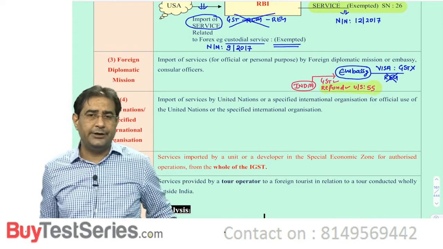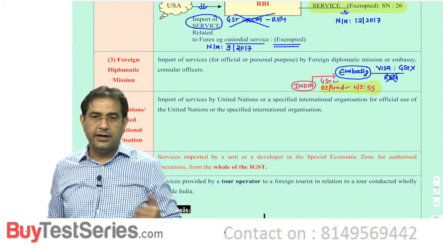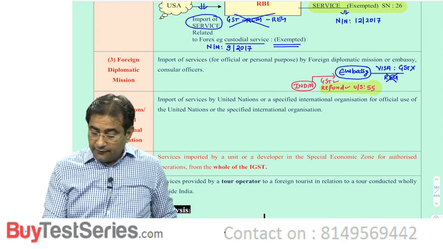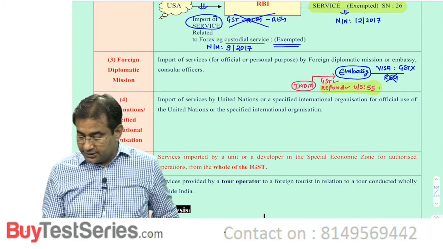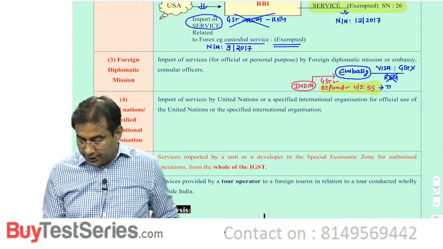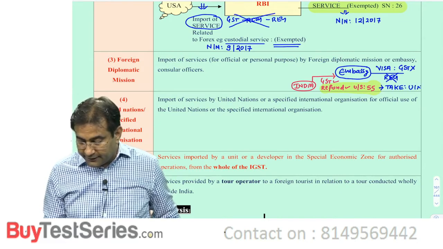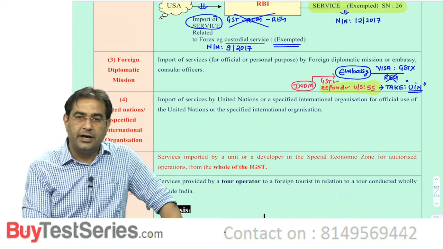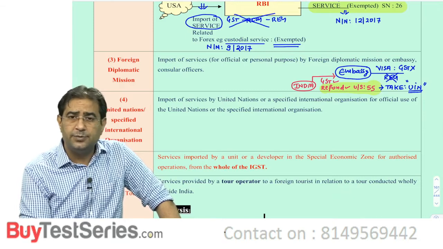So ultimately such GST on inward supply never becomes a part of the cost of the embassy, and for this purpose, because the embassy needs to claim refund of the GST, it needs to take a UIN, unique identification number, and on the basis of the UIN, the embassy is not called a registered person.